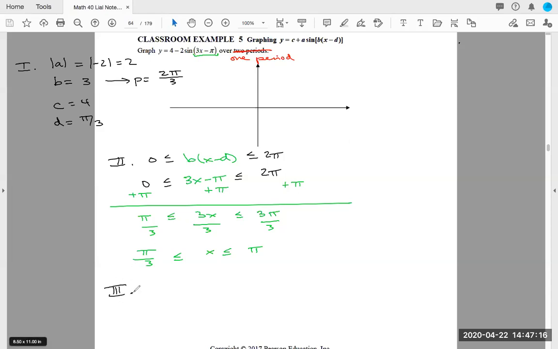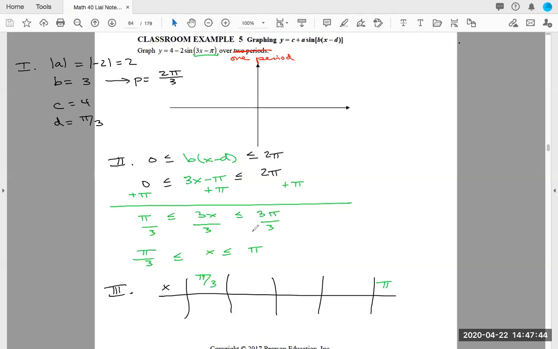Once we get to step 3, where we have to find the other x values, the middle 3 x values, we know that pi over 3 and pi will be the end values. All right, step 3 is finding those middle x values. So we're going to do that using averages again.